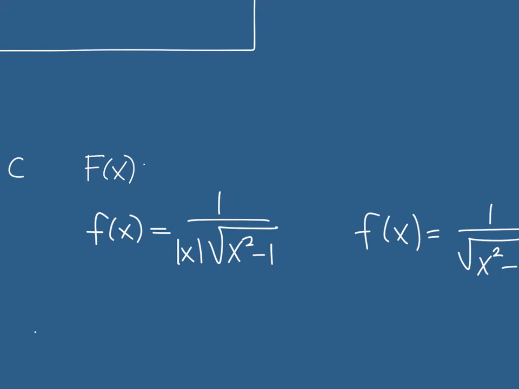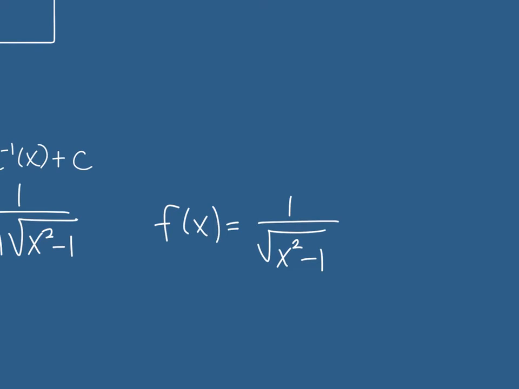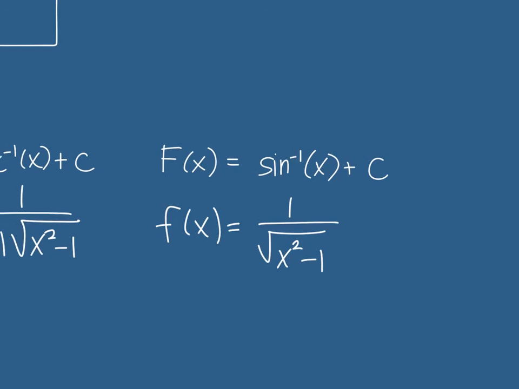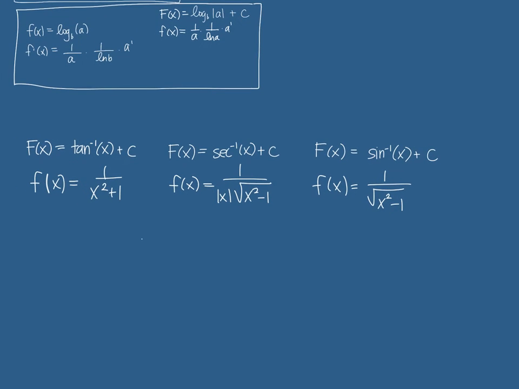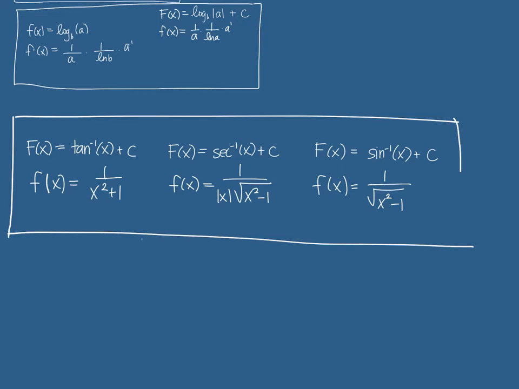That is a dead giveaway to being the inverse secant plus c. Again, if it was negative, it would be the inverse cosecant. And then finally, this last one is just a simple square root with x squared minus 1 in it. That one is the inverse sine of x plus c. Okay, and these inverse trig ones, you just have to recognize them by sight.